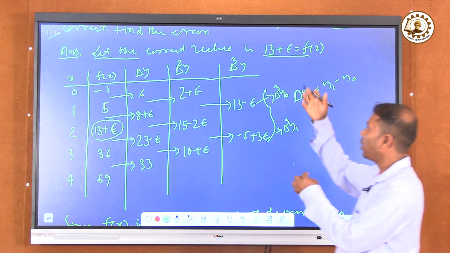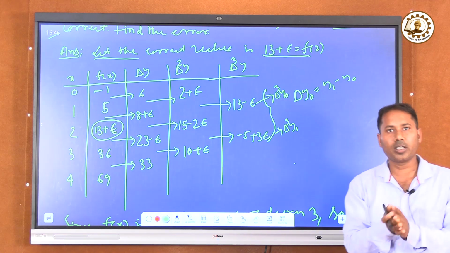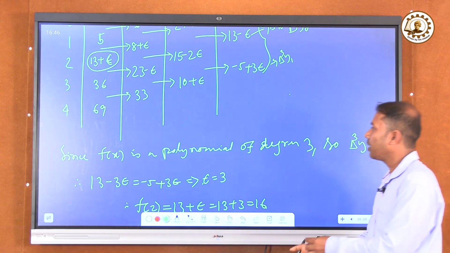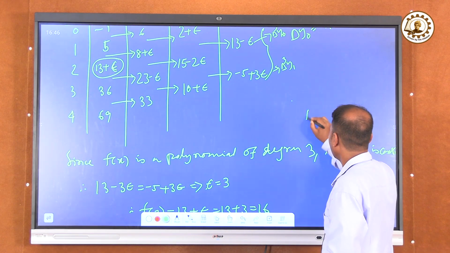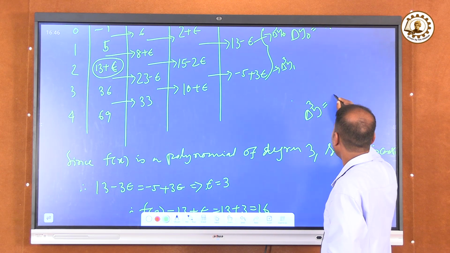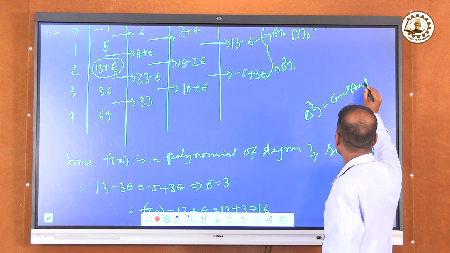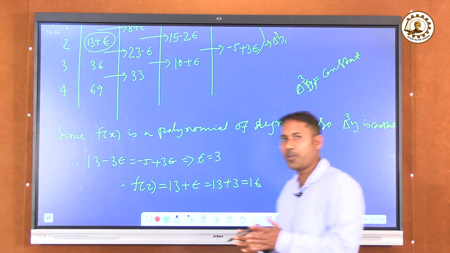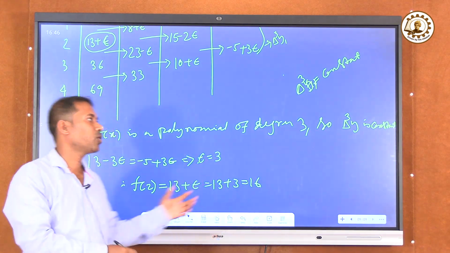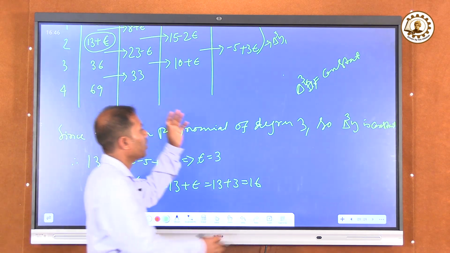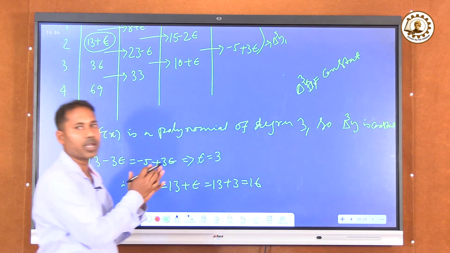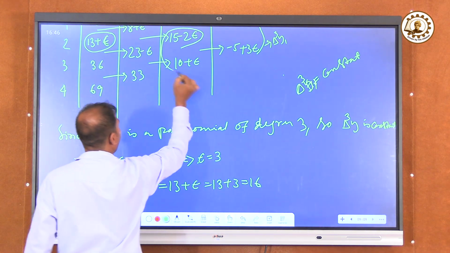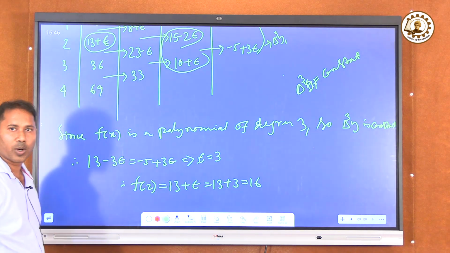Since it is given that this is a polynomial of degree 3, obviously the delta cube of fx is a constant. If we apply the forward difference operator, delta 3 fx is obviously constant. As this is constant, these two terms must be equal.